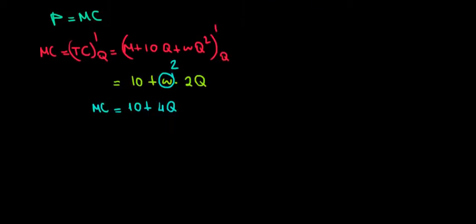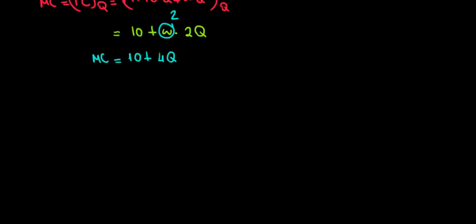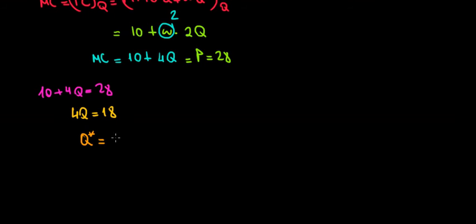So we're going to make marginal cost, 10 plus 4Q, equal to the price of $28, meaning we're solving 10 plus 4Q equals $28. If we work out the math and take the numbers to one side, we will have that 4Q equals 18, meaning that the quantity that we optimally sell with ordinary managers is going to be equal to 18 over 4, which is equal to 4.5.